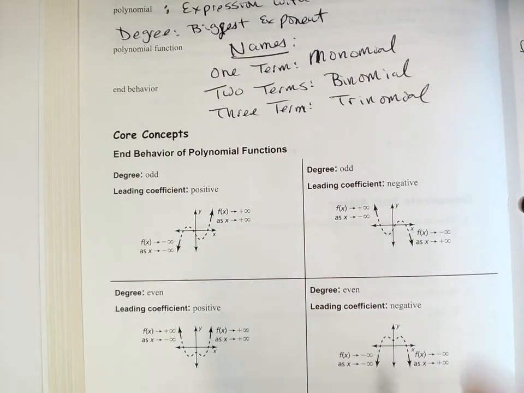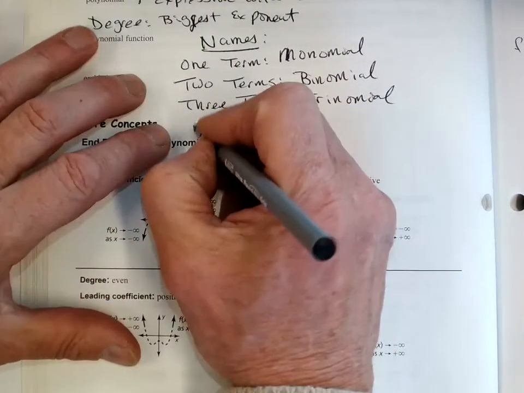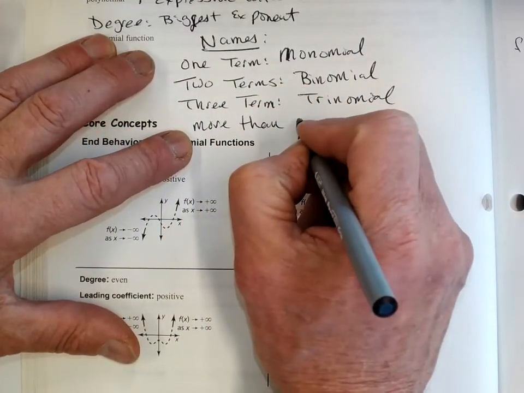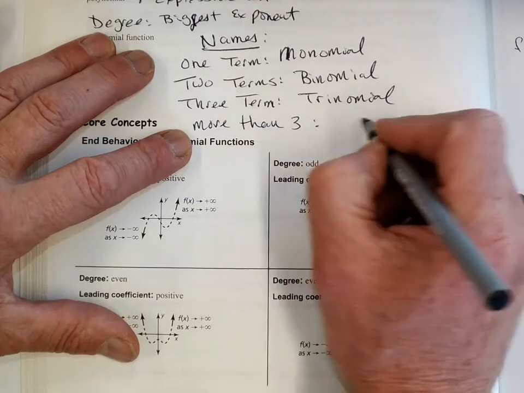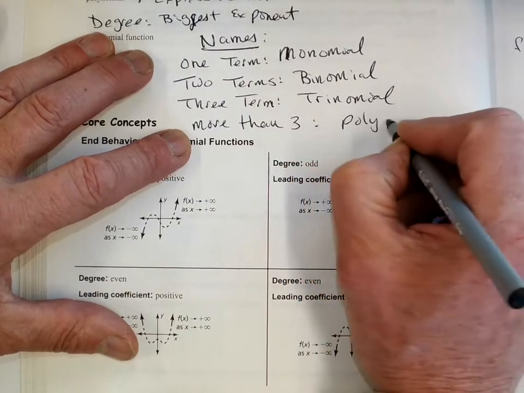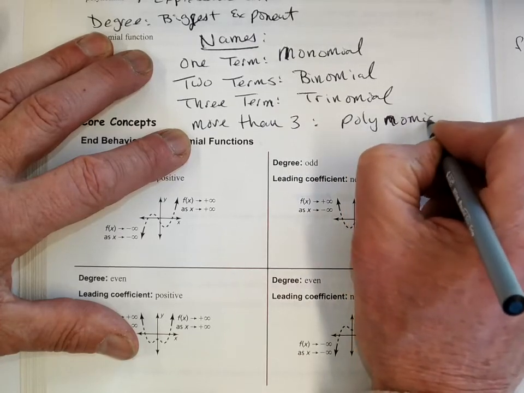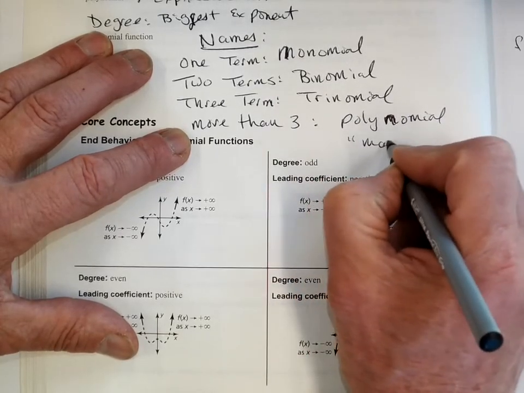Are you kidding me? Anything more than three terms, we just call it a polynomial, okay? Which means many.